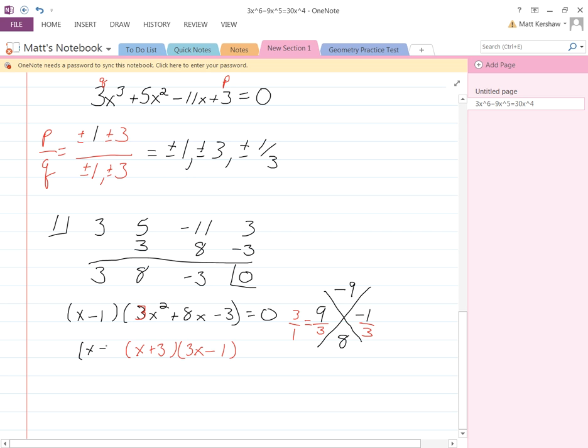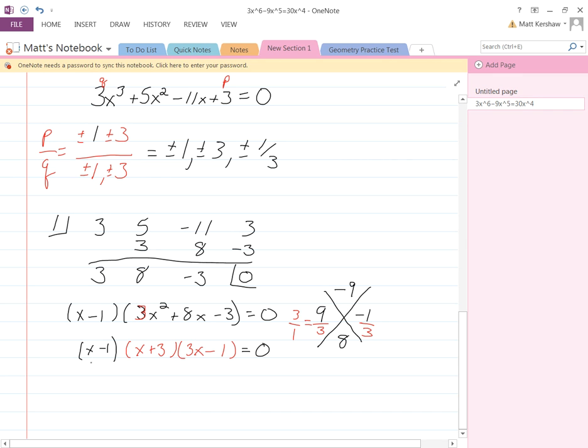So as we look at this, if you were to multiply this together, x times 3x is 3x squared. 3 times 3 would be 9x. x times negative 1 would be negative x, so that we have the 9 minus 1, which gives us that positive 8. And then 3 times negative 1 is negative 3. So we factored it correctly.